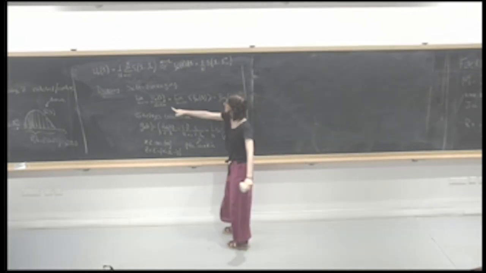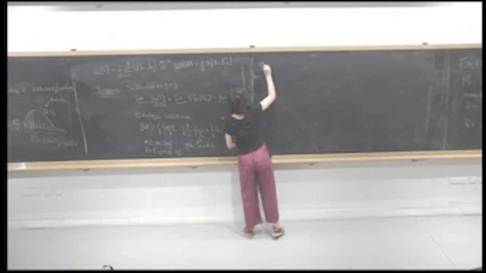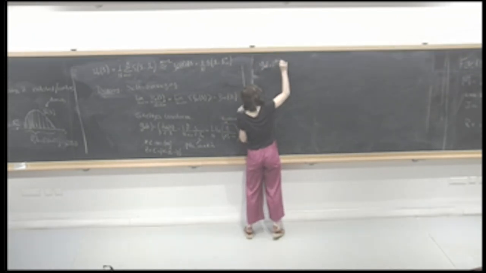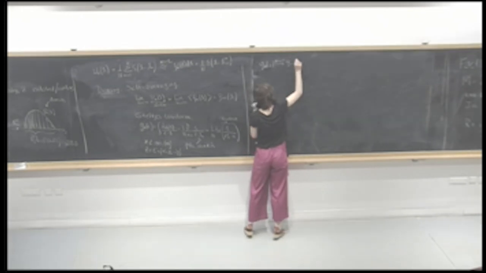So I will write, with the same meaning as here, that Gn of z also has a limit that I will call G infinity.